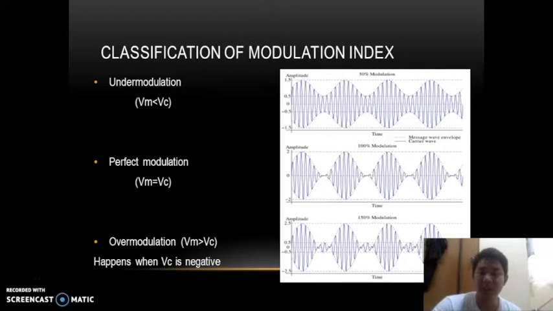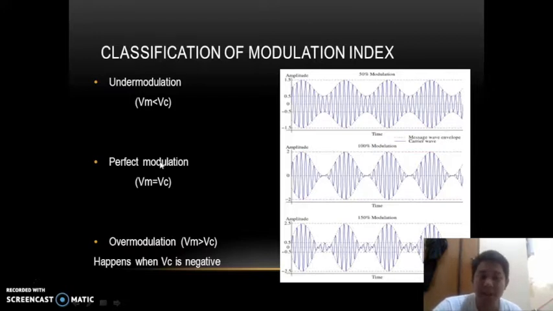Classification of modulation index. There are 3 classifications of modulation index. Under modulation, where Vm is always less than Vc, allowing our modulation index to be less than 1, and the AM signal always looks like this.